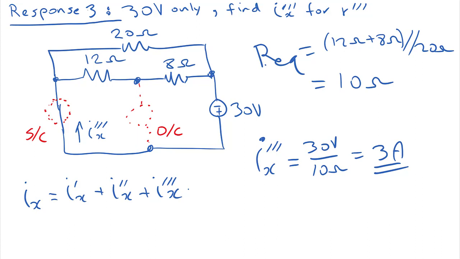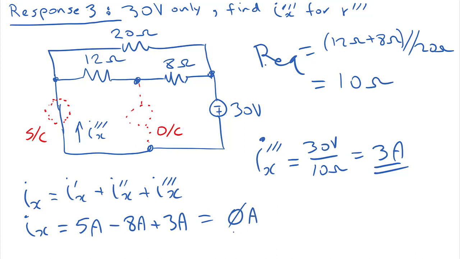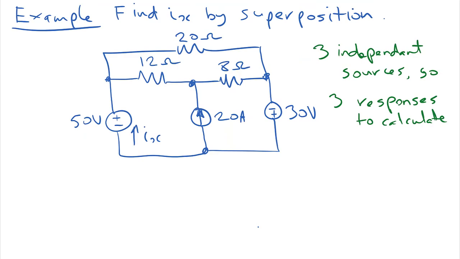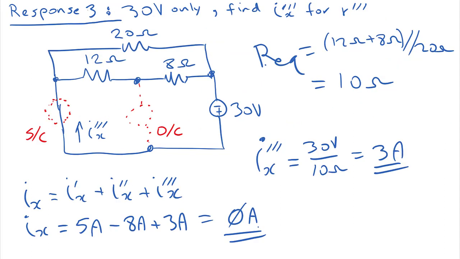Okay, and so that works out to Ix being equal to 5 amps minus 8 amps plus 3 amps, and all of that equals 0 amps. So Ix is 0 amps. Now we would get the same answer if we were to apply nodal analysis or mesh currents to solve for Ix. We would get the same result as we did for superposition.